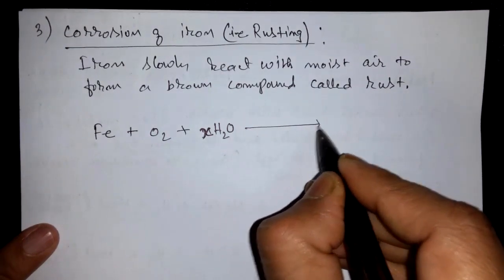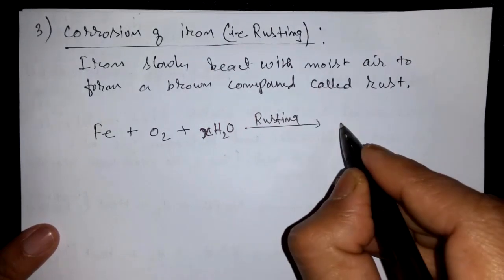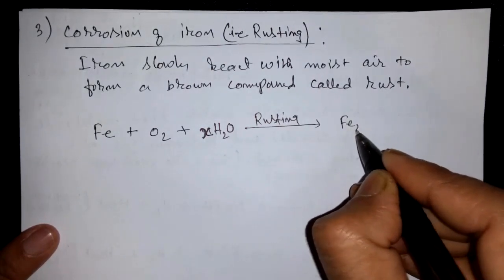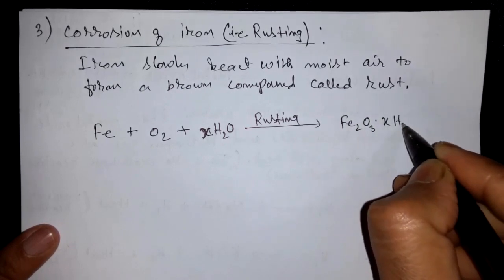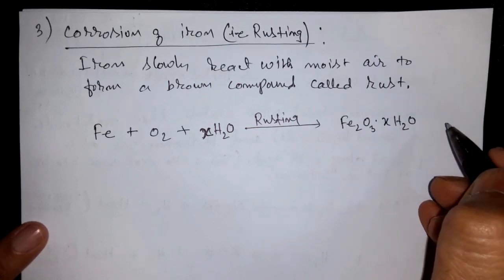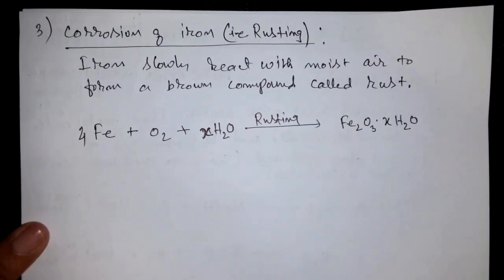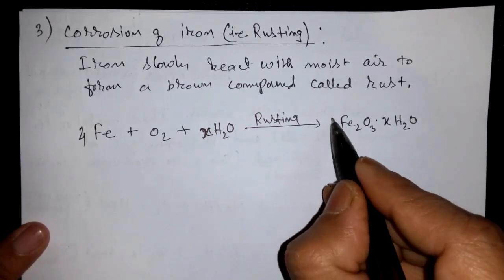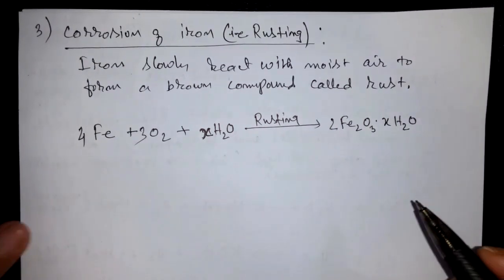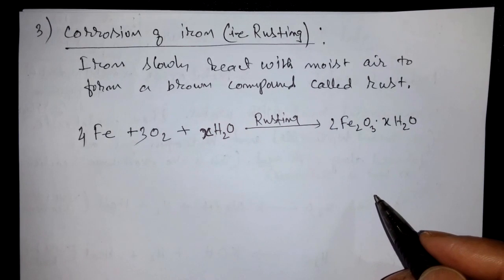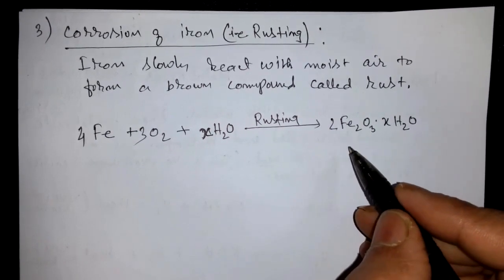Then this reaction is called rusting, and a compound is formed, Fe2O3.xH2O. If you want to do balancing, then you can write 4 here, 2 here, and 3 here.